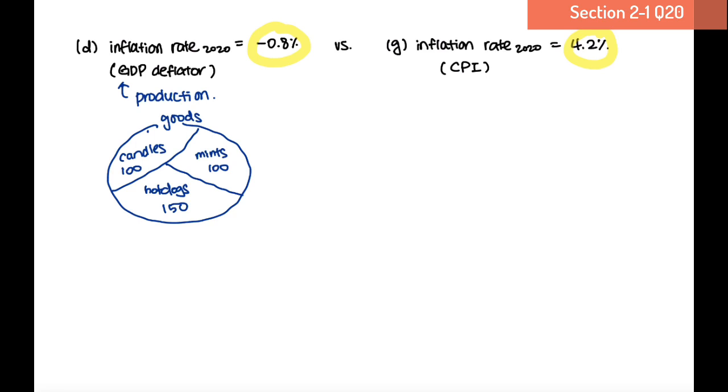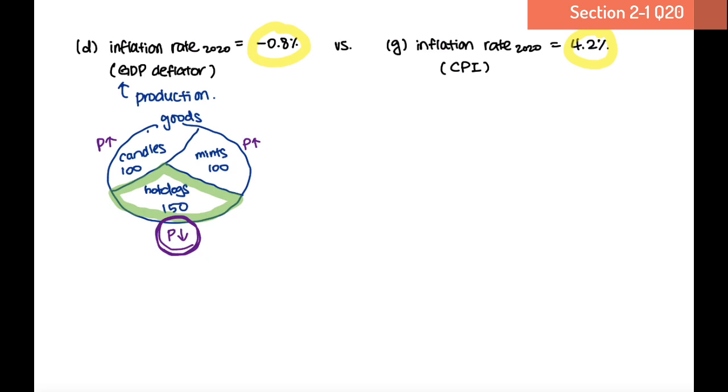We see that the price of candles and mints have risen, but the price of hot dogs has fallen. And so in the case of GDP deflator, hot dogs take up roughly 43% of the total goods produced. So we have the fall in the price of hot dogs being represented more. And that's why we have an inflation rate of negative 0.8% if we use the GDP deflator.